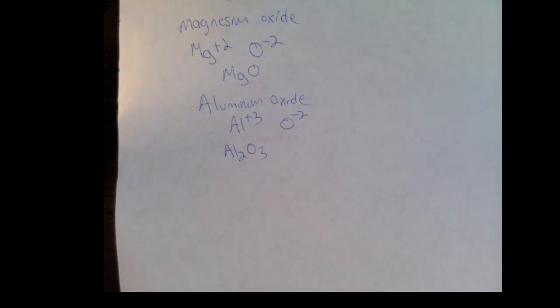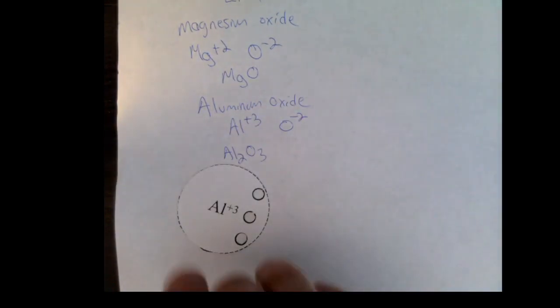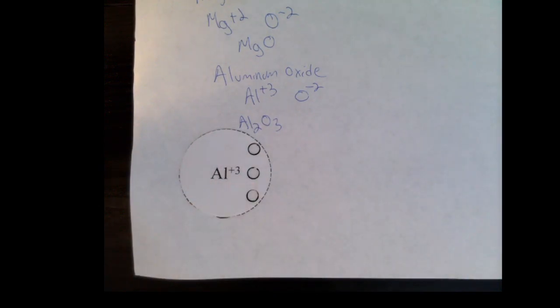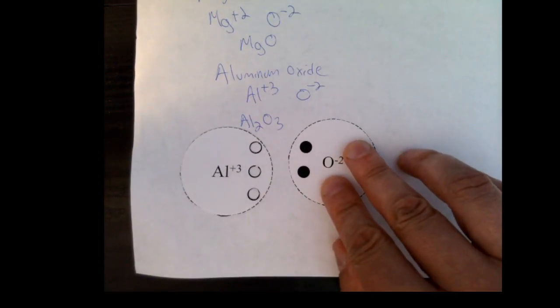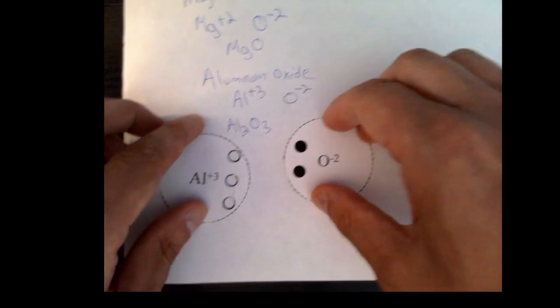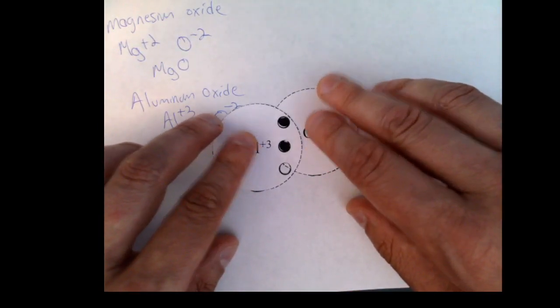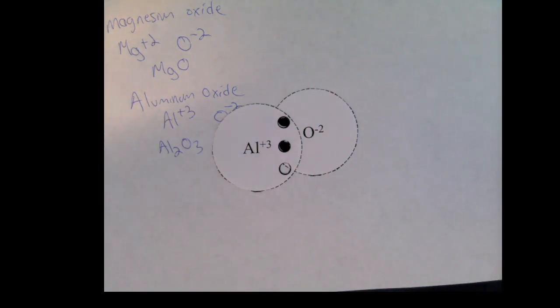They may not be able to see this. For those who can't see this, I would want them to not just start with one aluminum and one oxygen, because here they can try it and they can see, okay, well, I don't have enough dots to cover all the holes.